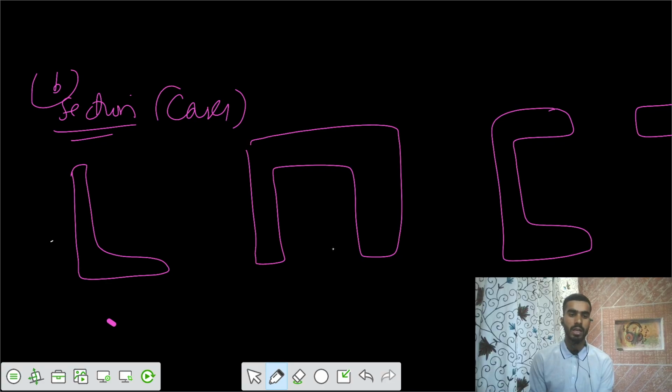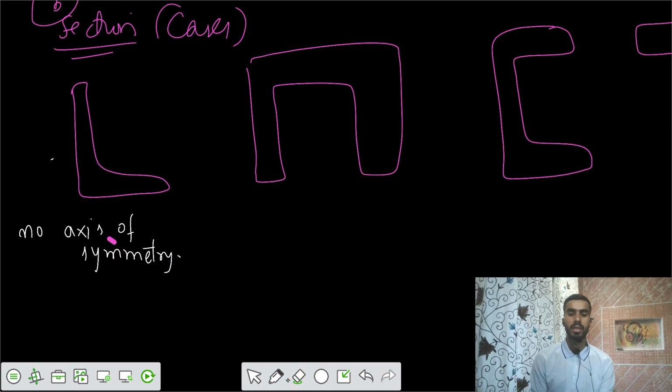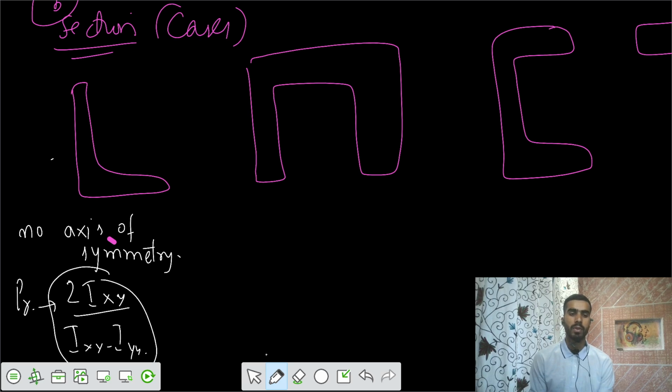We have a principal axis, but we don't have an axis of symmetry. So the principal axis would be somewhere here, at some value of 2Ixy by Ix minus Iyy. There we can get the location somewhere, but we don't have an axis of symmetry for the angle section.